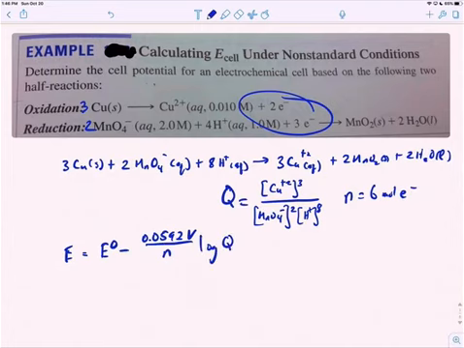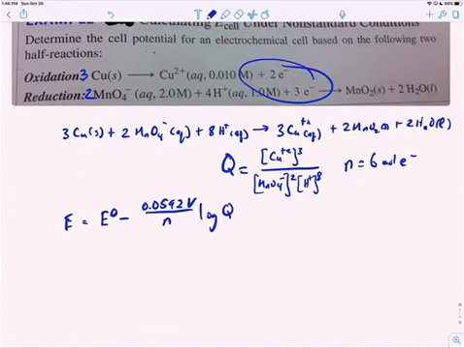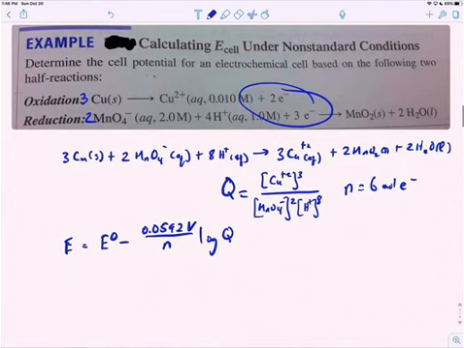So we have to figure out what the standard cell potential is first. And for this one, using the reduction potentials, the standard cell is 1.34 volts. You can do that from looking at the reduction potentials.